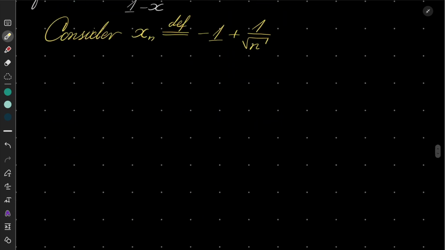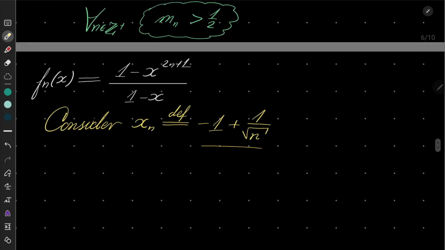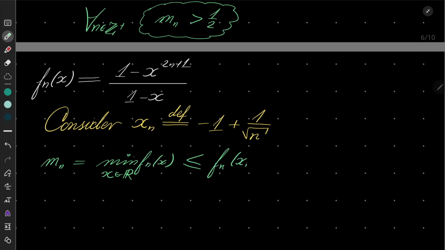This sequence goes to -1 from the right side. But why square root of n and not just n, for example? You will see in a minute. And now, obviously, m sub n, which is defined as the minimum over real numbers, is necessarily less than or equal to this number.